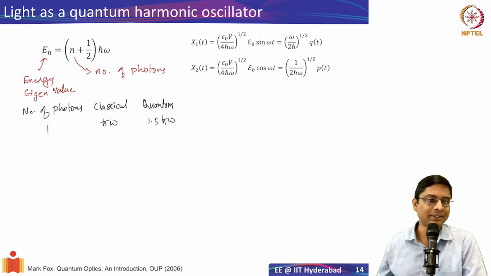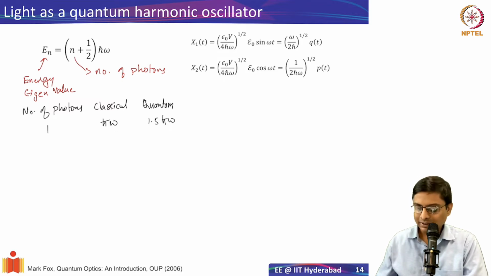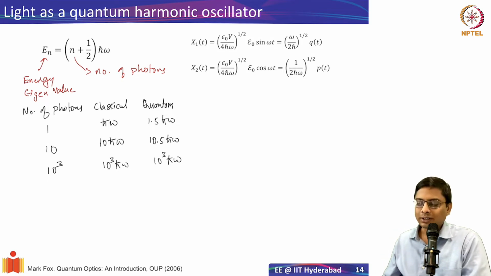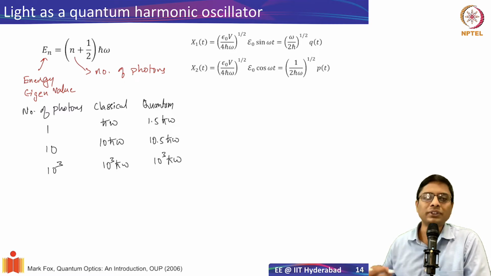Quantum theory differs from the classical theory. But the moment you pick 10 photons, the classical theory tells you that the energy is 10 h cross omega, and quantum theory tells you that it is 10.5 h cross omega. Similarly, if you take 10 power 3 photons, you will get 10 power 3 h cross omega in the classical case, and approximately the same in the quantum case. So as the number of photons in the light beam increases, the quantum and the classical pictures give you essentially the same result.